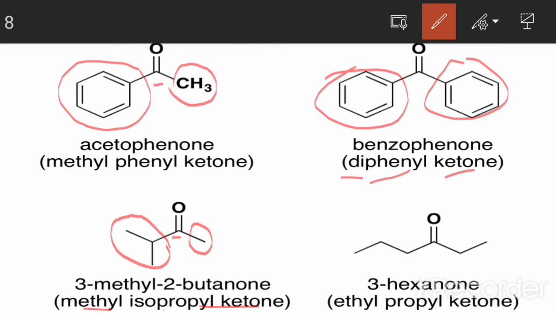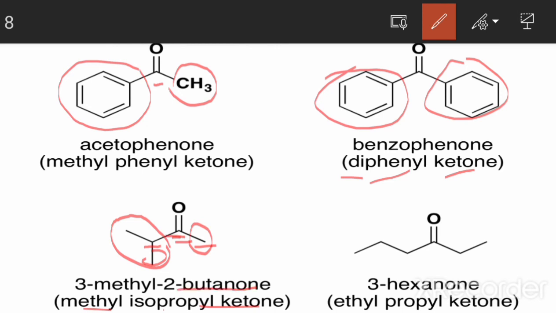Its IUPAC name is, because the numbering starts from here, 1, 2, 3, on the third position there is a methyl group, so 3-methyl, and on the second position there is a ketone group, so 3-methyl-2-butanone.